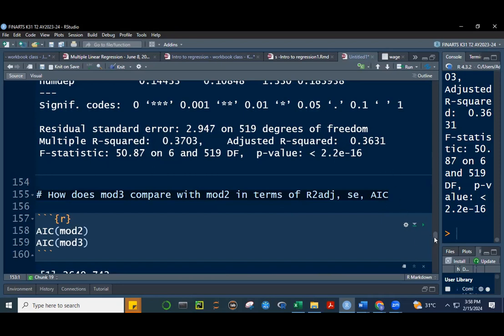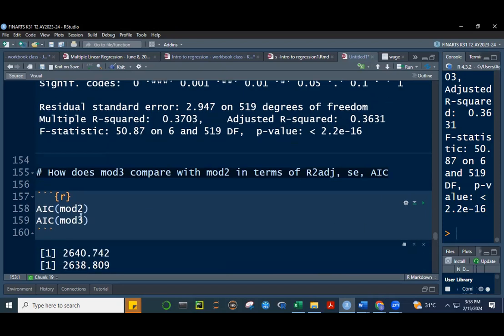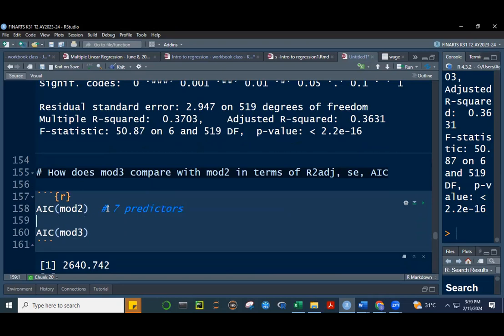All right, now, which is better, class? Model 2 or Model 3? Remember, Model 2, class, is the one with seven predictors. This one now has 6 na lang.